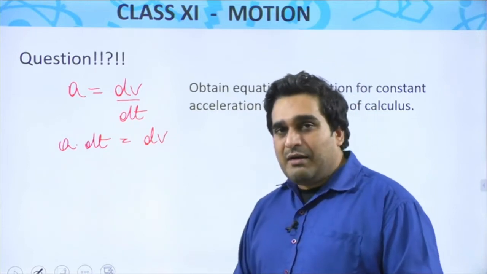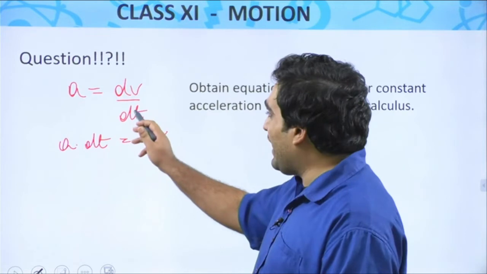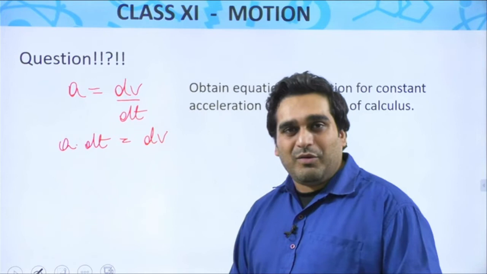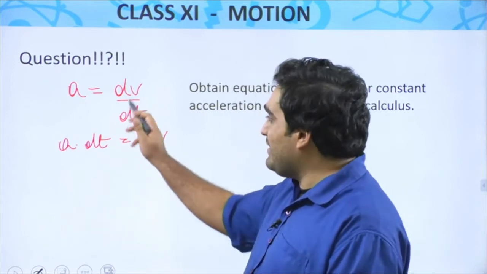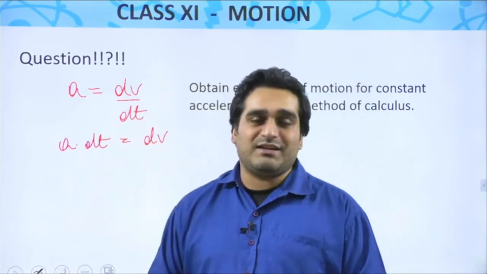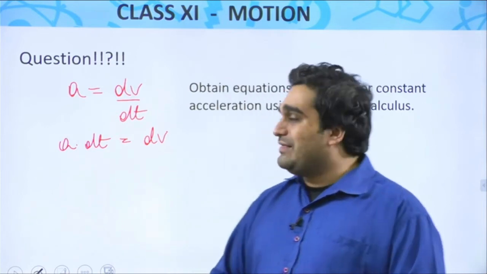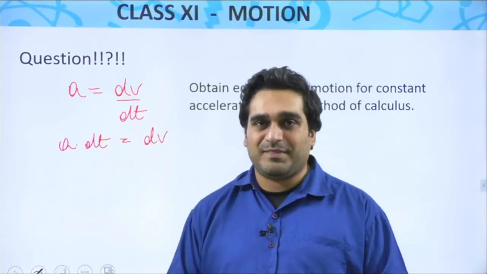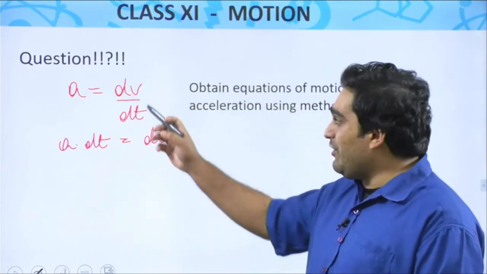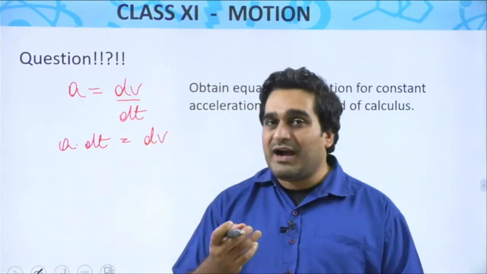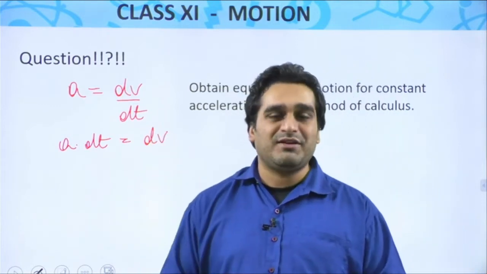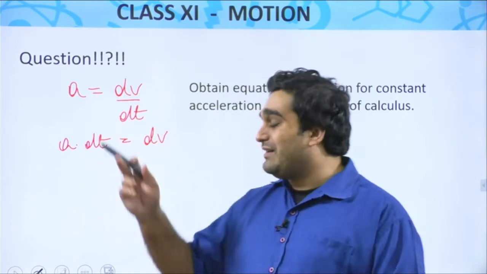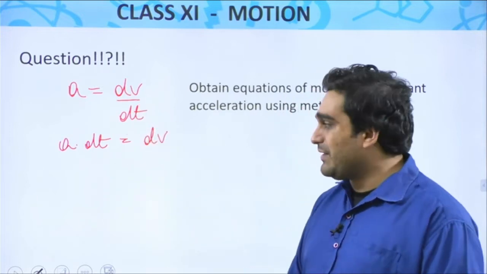Now don't commit this mistake where you try to cancel d and just write v by t. Why can't you cancel the letter d and d? That's because in a differential equation, these have a meaning to show it is the derivative: a difference in the velocity and the difference in time, where you add a certain limit to that denominator, where delta t is tending to 0.